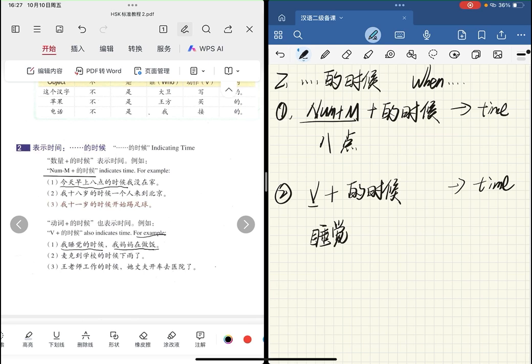So 8点的时候 or 睡觉的时候 can serve as an adverbial phrase, modifying an action or an entire sentence. We can use this to modify an action or an entire sentence.